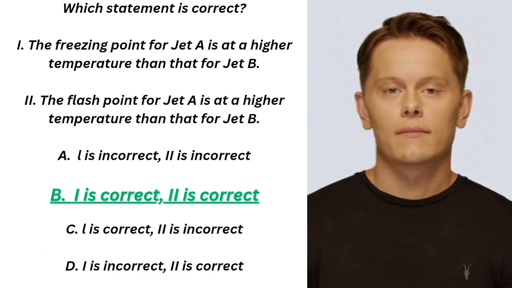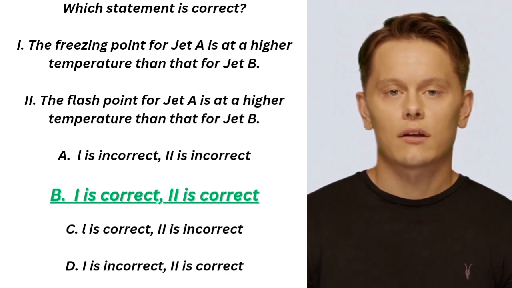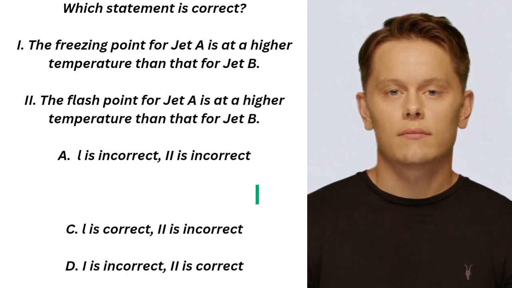Question 59. Which statement is correct? 1. The freezing point for Jet A is at a higher temperature than that for Jet B. 2. The flash point for Jet A is at a higher temperature than that for Jet B. The answer is B. 1 is correct and 2 is correct.